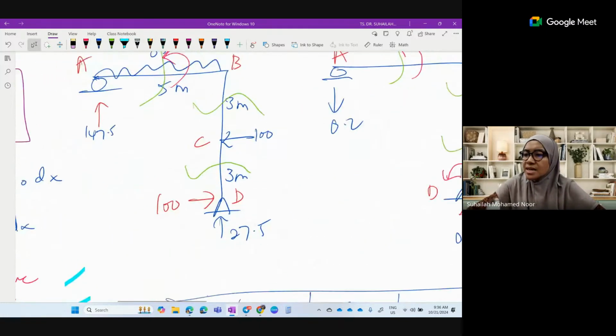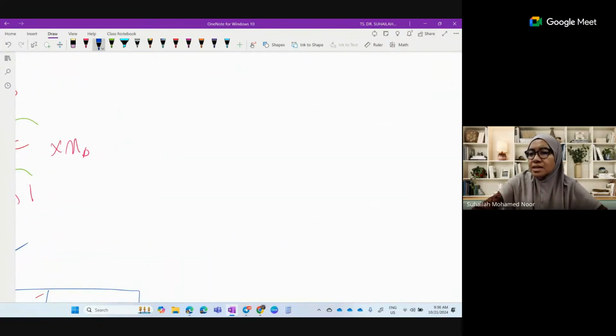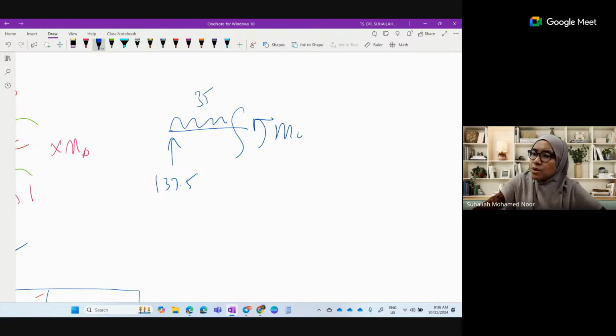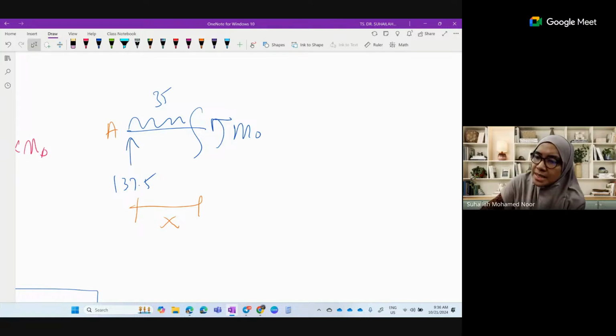Okay, so the section looks like this. If we draw the cutting section, it looks like this. Counterclockwise, here earlier there was 137.5, right? Here there is a UDL of 35, right? Here M0, X from A. So the distance here is X. So this is the cutting section to get M0 for AB.